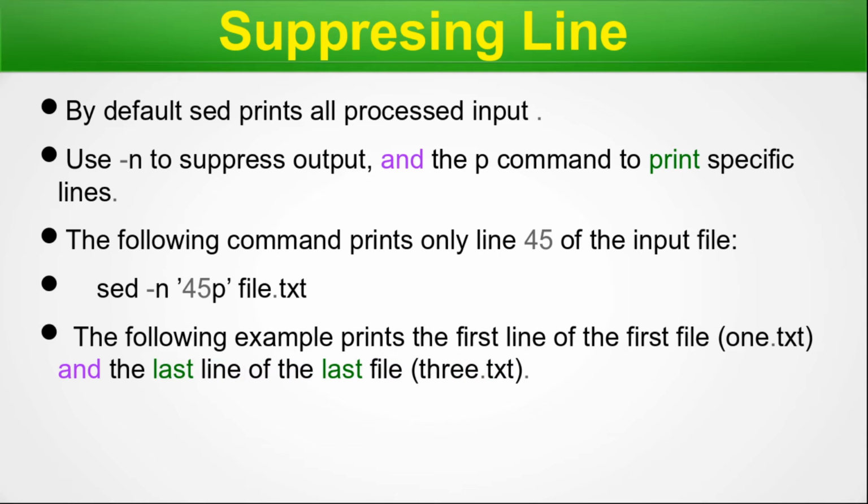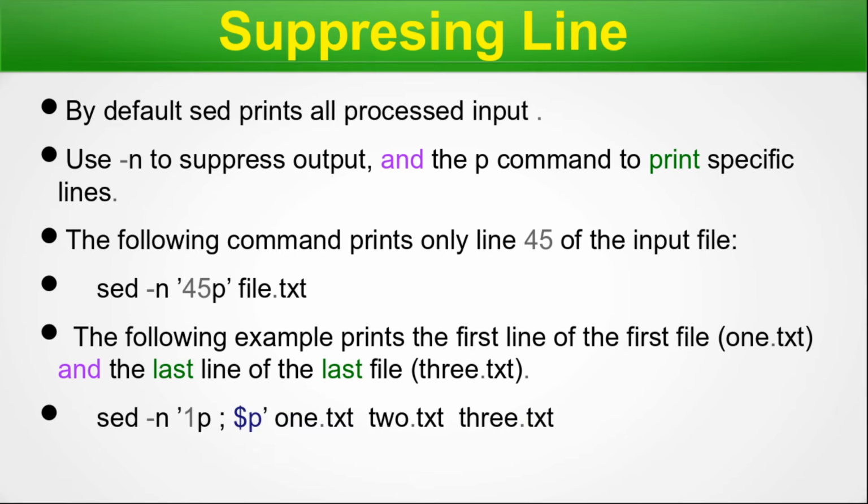The following example prints the first line of 1.txt and the last line of the last file, 3.txt. Here we write sed -n '1p;$p' 1.txt 2.txt 3.txt.